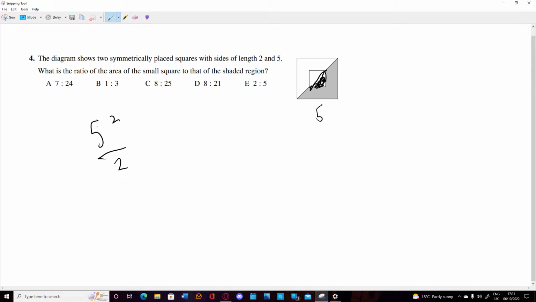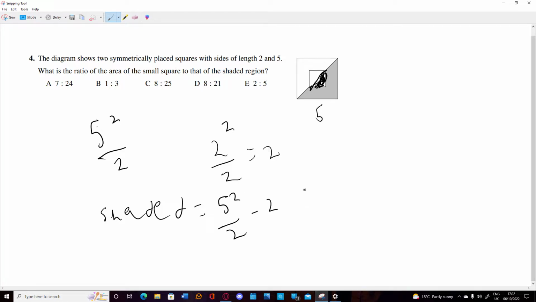And to get the area of this small triangle, you do 2 times 2 divided by 2, which is equal to 2. So shaded region is equal to 5 squared over 2 minus 2, which is also equal to 21 over 2, I believe.